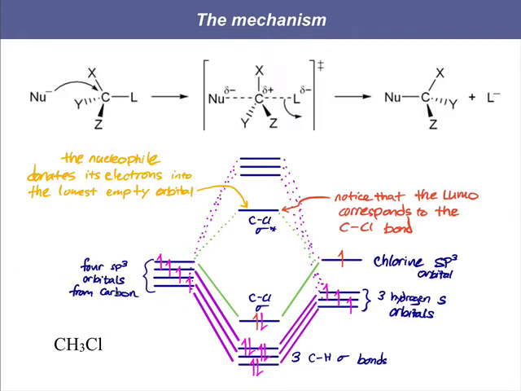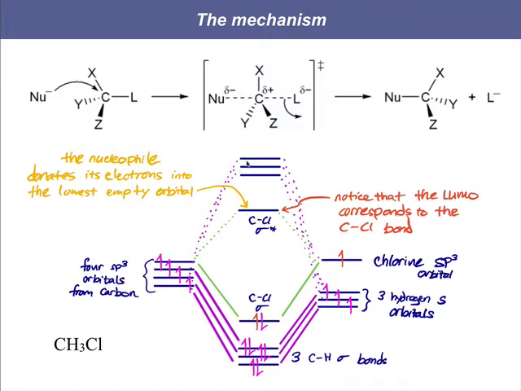Now, the 3 orbitals that are mixed with the hydrogens are going to make lower energy bonds. Those are 3 CH sigma bonds. And the orbital that happens to mix with the chlorine orbital is going to give us a higher energy sigma bond. Now remember that in a molecular orbital diagram, the lower the energy the bonding orbitals are, the higher energy the antibonding orbitals are.